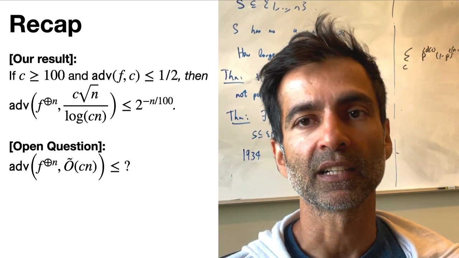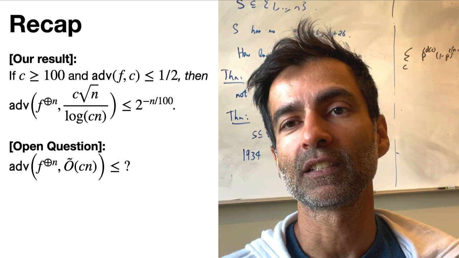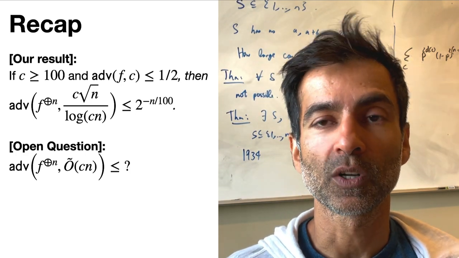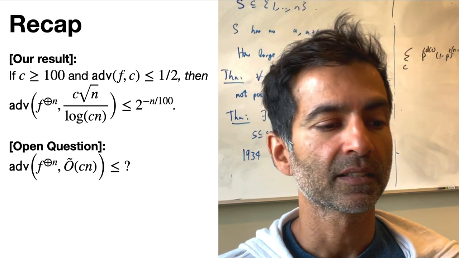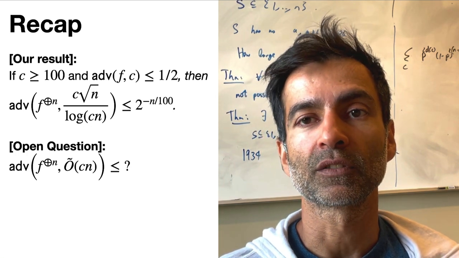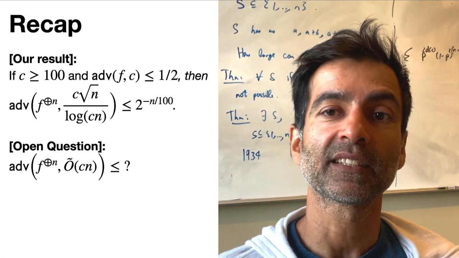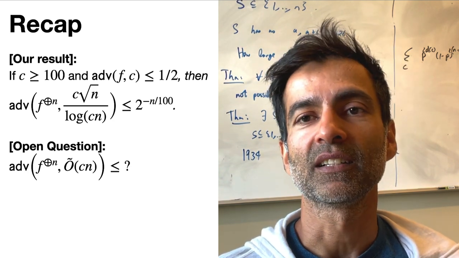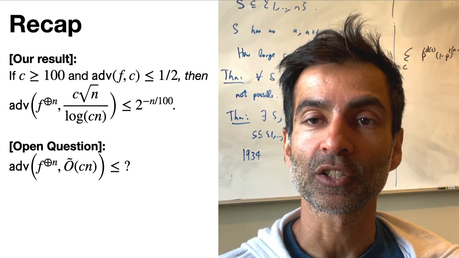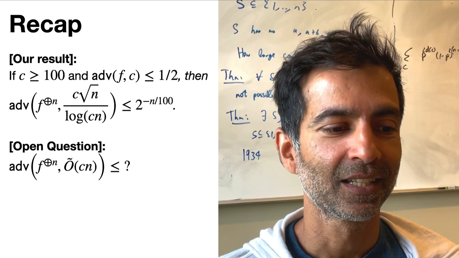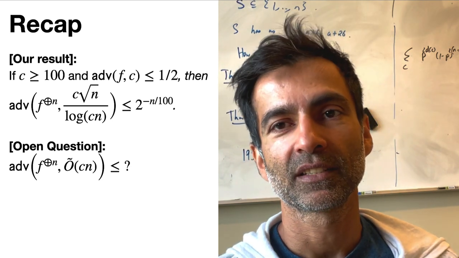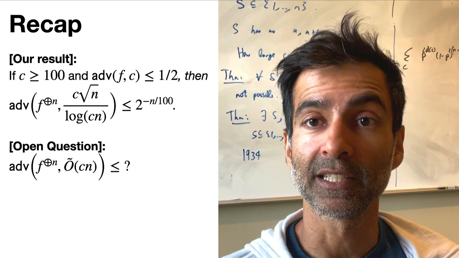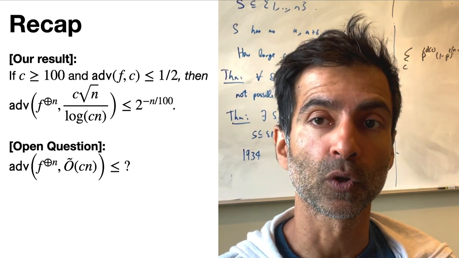We show that if the advantage for computing F with C bits of communication is bounded away from 1, then computing the n-fold XOR of F, even with squared n times more communication, your advantage is at most exponentially small in n. And I think the biggest open question for all of these questions is to obtain such results even with a linear or nearly linear blow up in the communication.